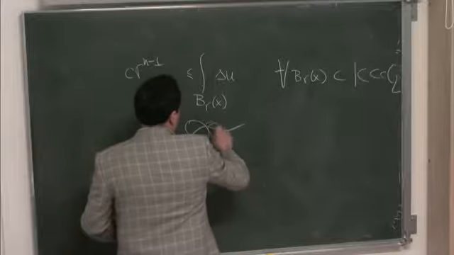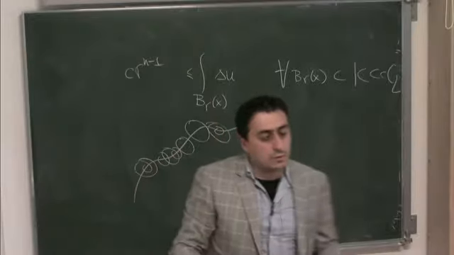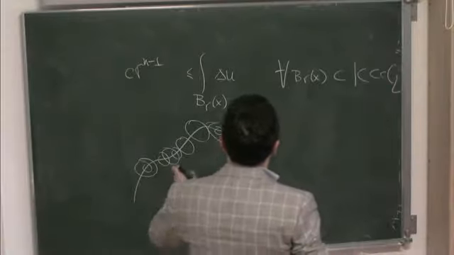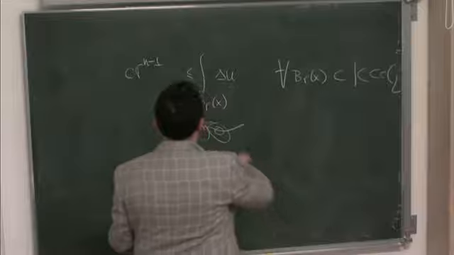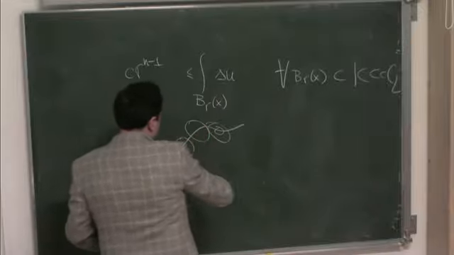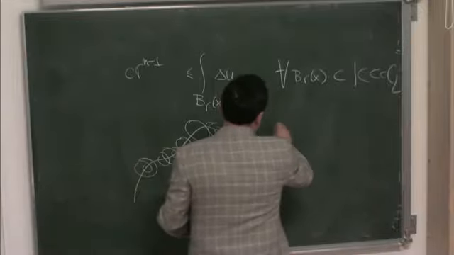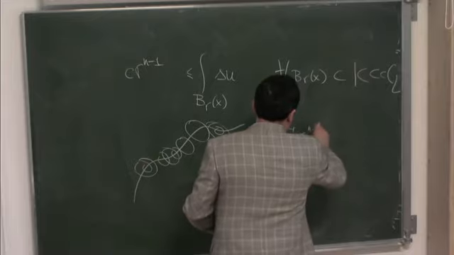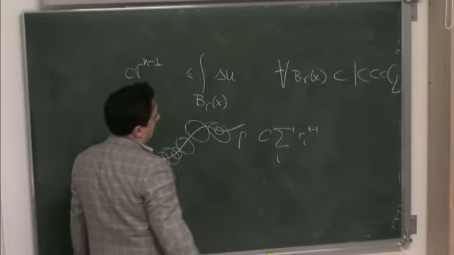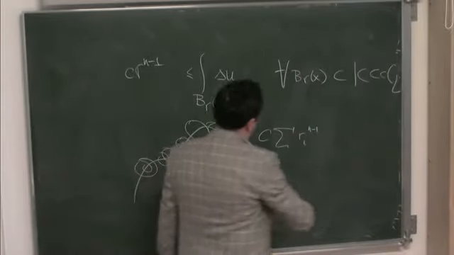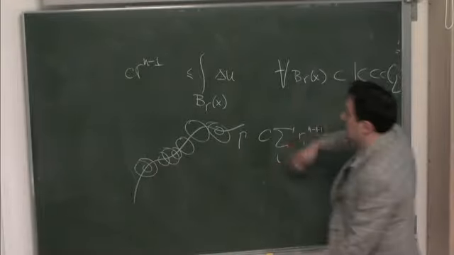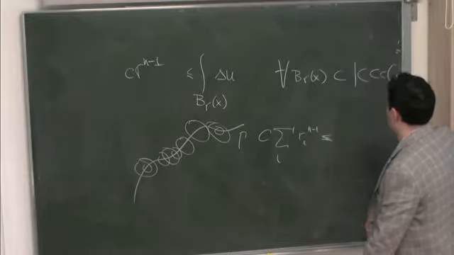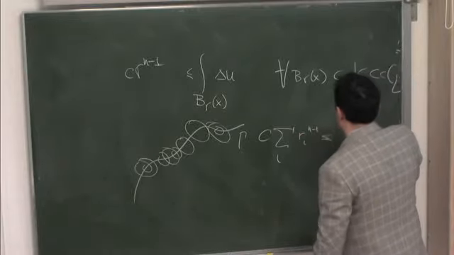by such balls and use a Besicovitch type covering argument, you can estimate the Hausdorff pre-measure of this free boundary. So you'll get the sum of C r_i^(n-1), and you sum with respect to all i's. i is the index that recognizes the representatives of the covering.